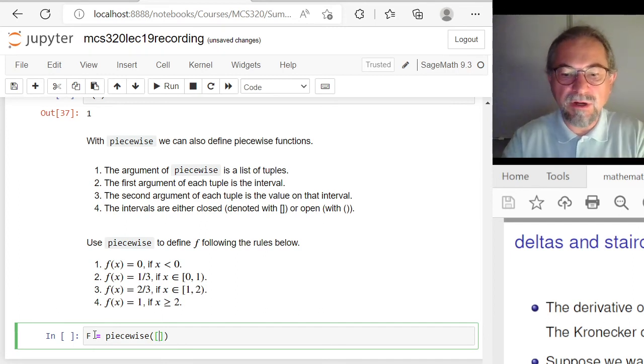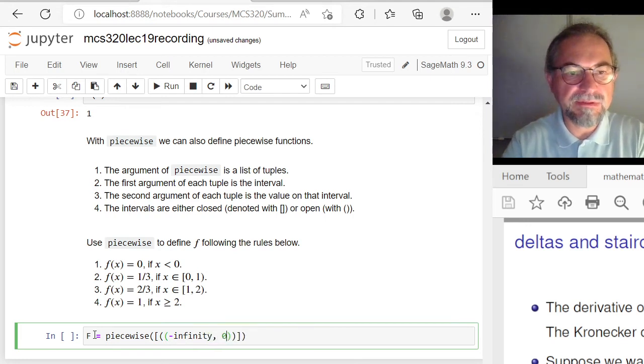The first tuple gives me the range minus infinity, 0, an open interval, and there I have the value 0. So that is my first interval.